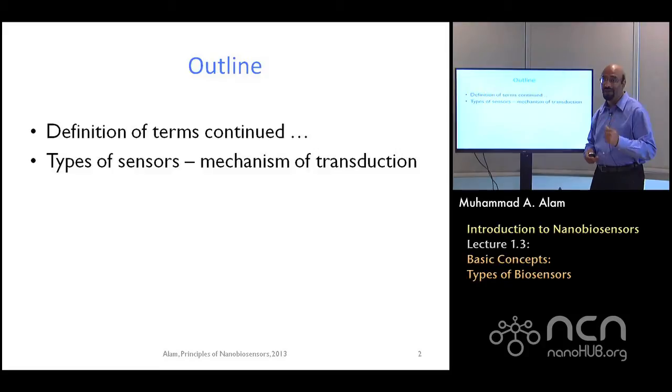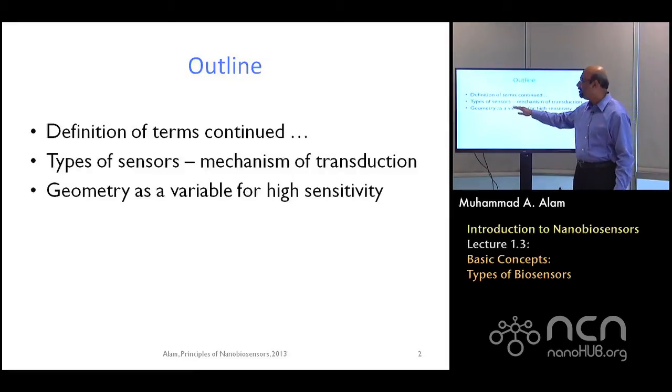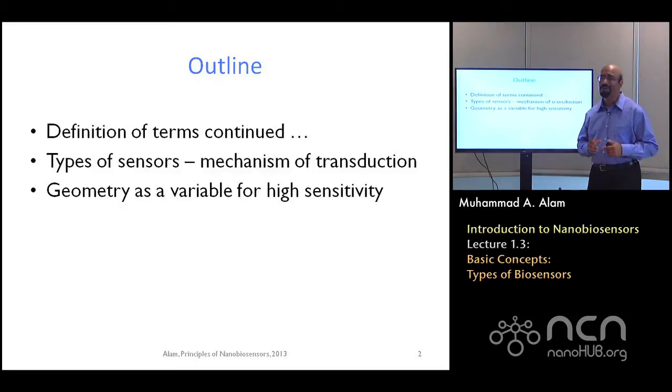And then, of course, there are a variety that we will see. And one conclusion that I want to come from this is that somehow geometry seems to be a fundamental variable. As things get smaller, you may often hear that the surface to volume ratio becomes larger.